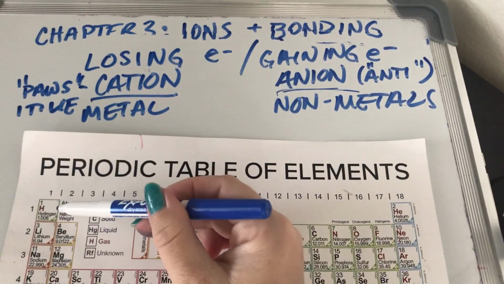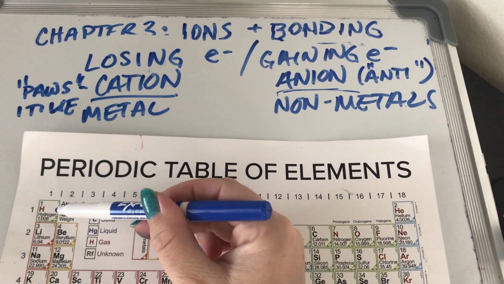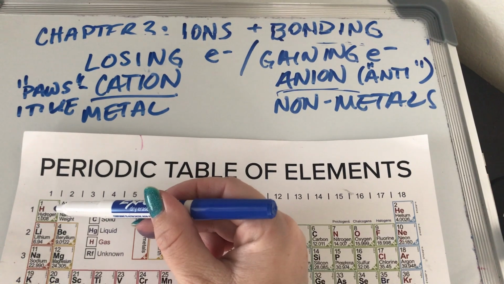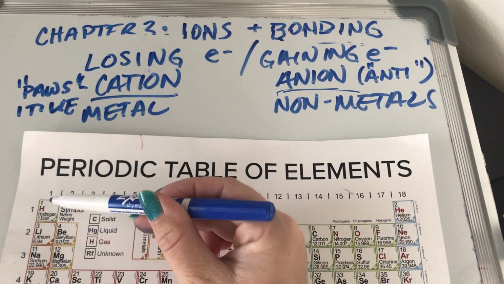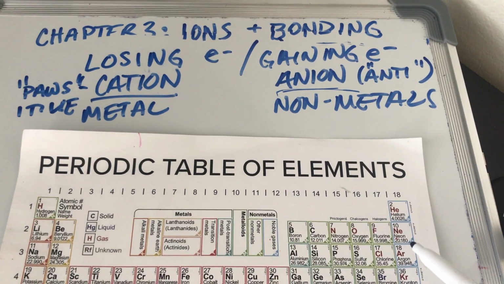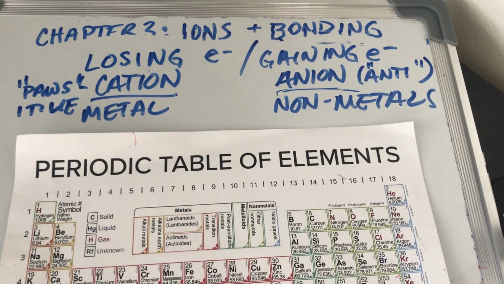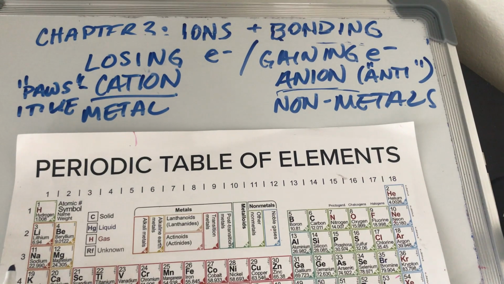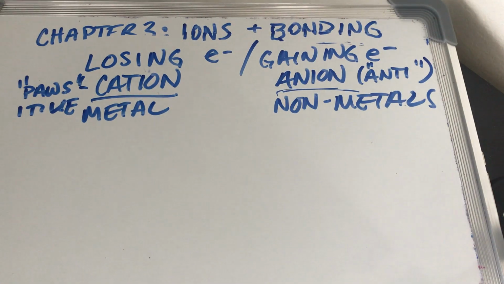The only thing that's a little weird is hydrogen gets placed over here, making it look like it's a metal, but it can also be a non-metal, so it can behave both as a metal and as a non-metal. Okay, so that's the only weirdo here. But other than that, if you're a metal, you like to lose electrons, which means you're always going to form cations.